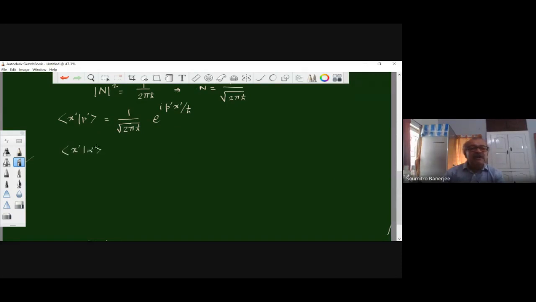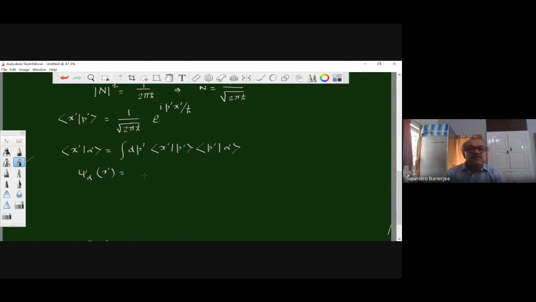alpha evaluated at x' becomes the integral of dp' ⟨x'|p'⟩⟨p'|alpha⟩. This is something that we have just evaluated. We have already seen that this is the psi function. Alpha is a particular function psi evaluated at x'.